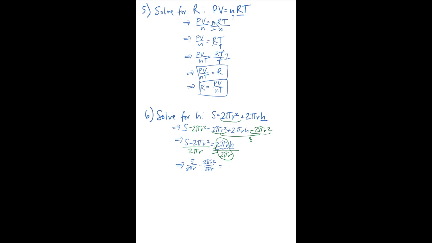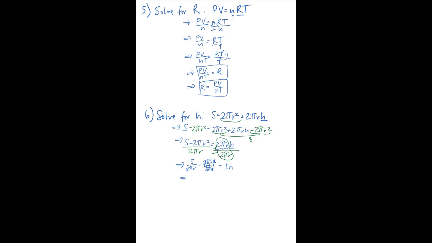And here on the right-hand side, I have 1h left over. Notice here on the left-hand side, I have 2 pi r squared divided by 2 pi r. Well, the 2 and the pi will all cancel to get 1, and r squared divided by r will just leave me with an r over 1.